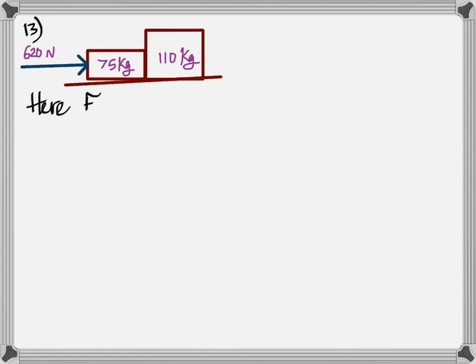13. You have two boxes, 75 and 110 kilograms, and you're pushing on the 75 kilogram. Here actually the normal reaction is the sum of the two masses times g, and friction is going to be mu times that.